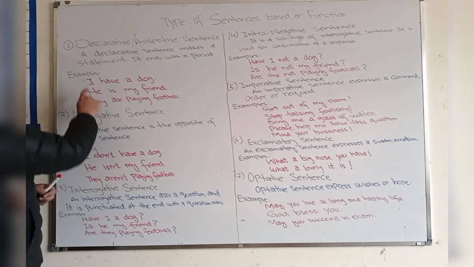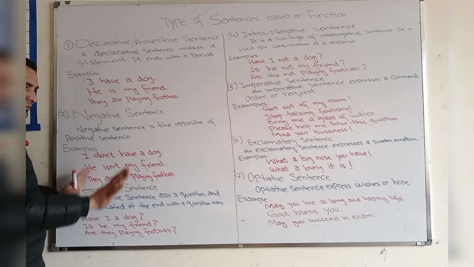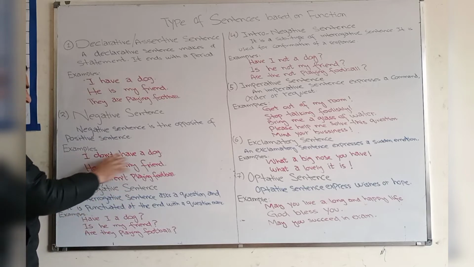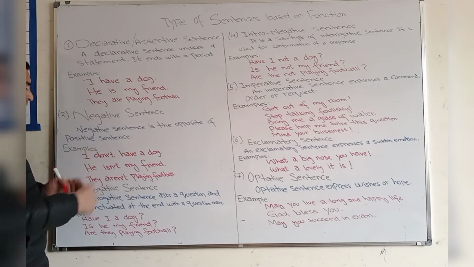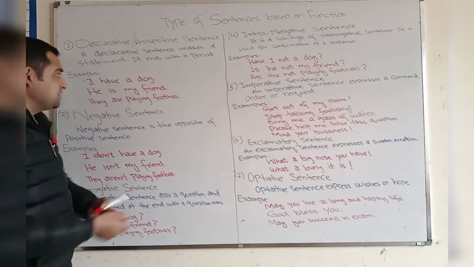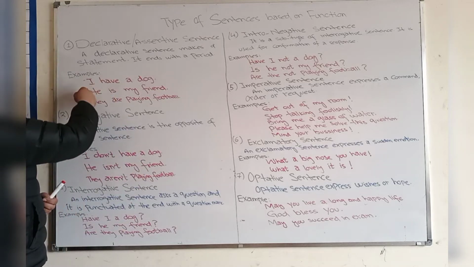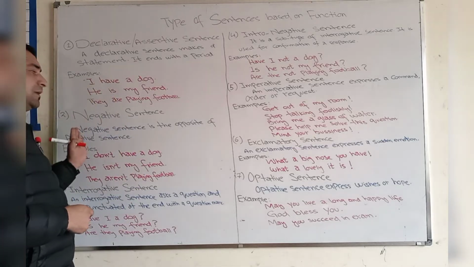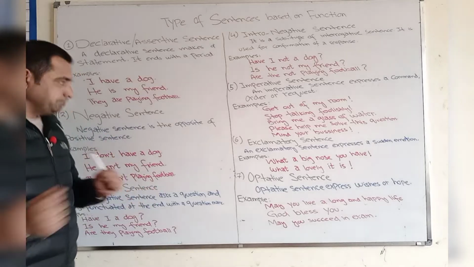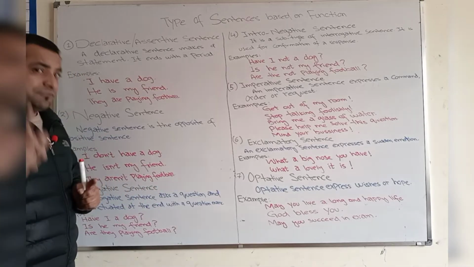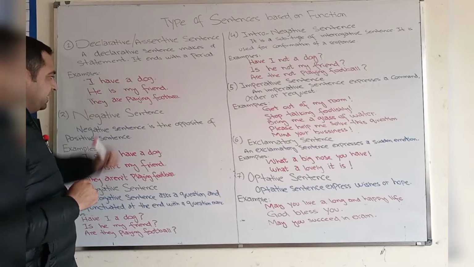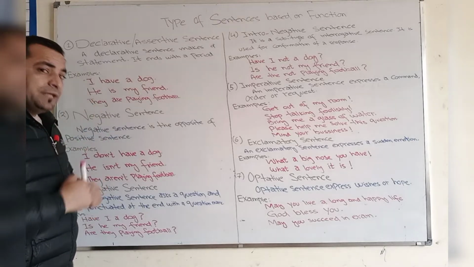Let's try. For example, I have a dog is a positive sentence. I don't have a dog is negative. Now, in order to convert it into an interrogative sentence, simply bring the helping verb to the beginning. Have I a dog? Is he my friend? They are playing football. Are they playing football?